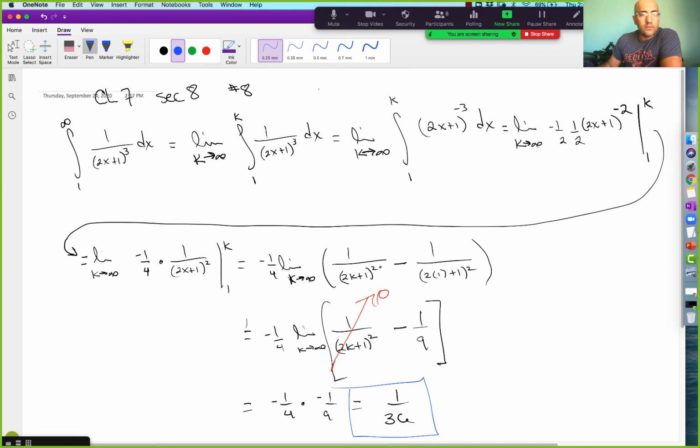So it's equal to a finite value, therefore the whole thing converges. The integral from 1 to infinity of 1 over (2x plus 1) cubed dx converges.